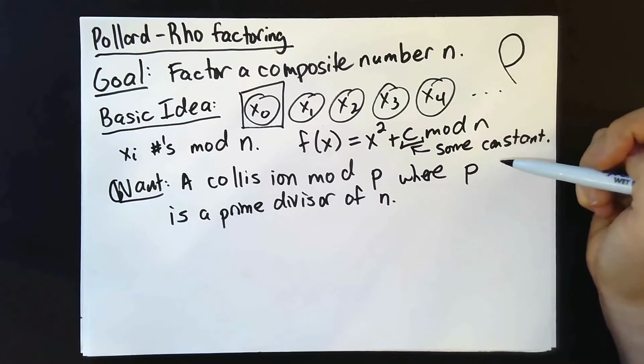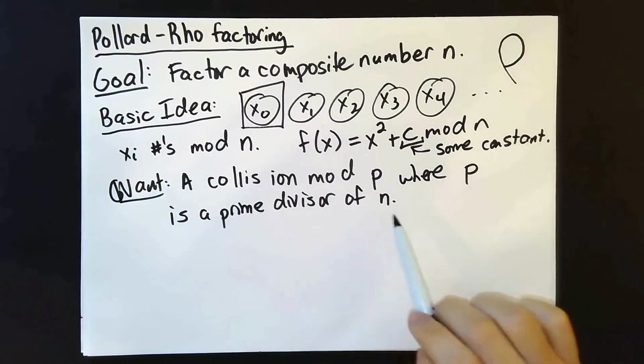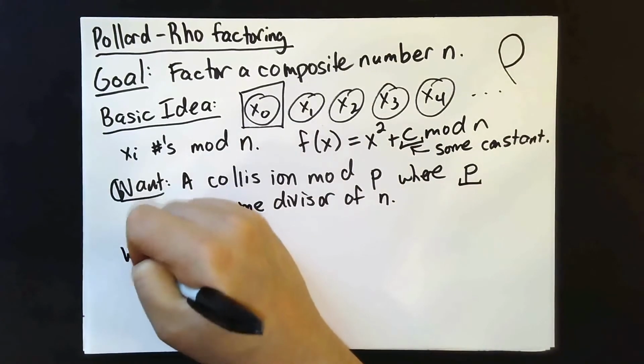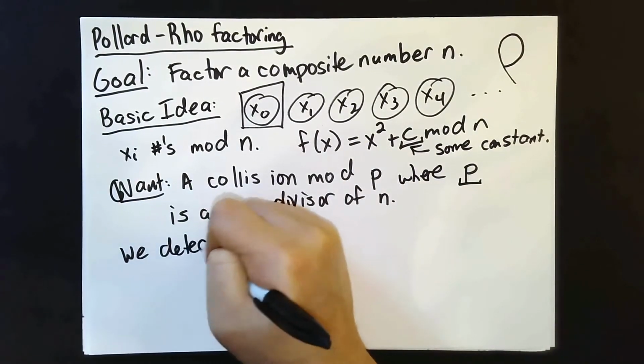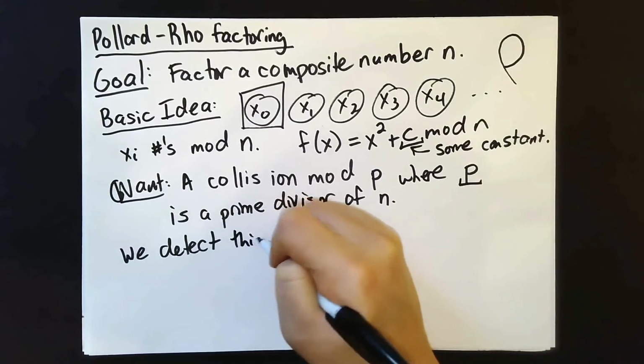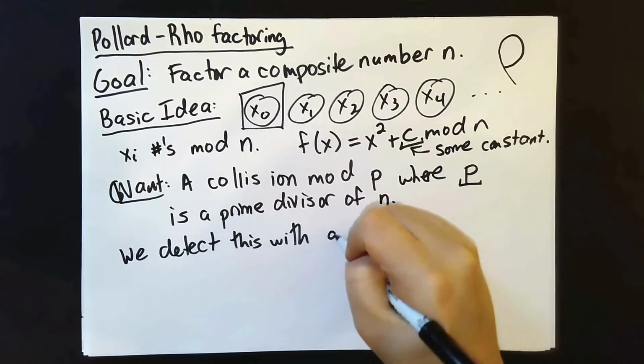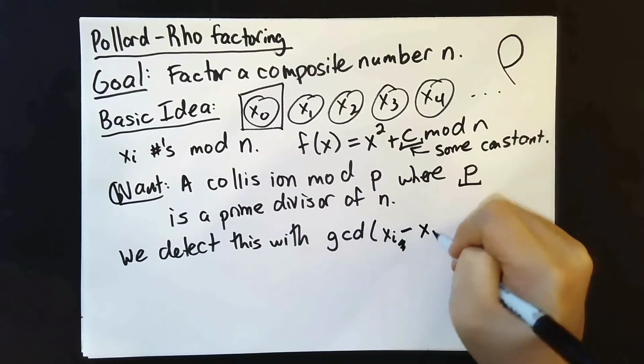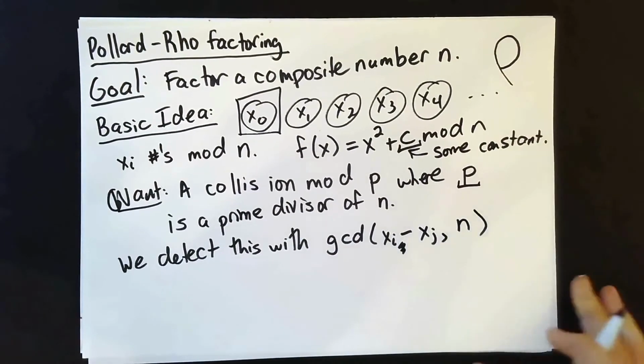Now, how am I going to catch that two numbers are equal mod a divisor of n? Well, we get to use our old friend, the Euclidean algorithm. Namely, we're going to detect this by calculating the GCD of the difference of two points on the path and n.